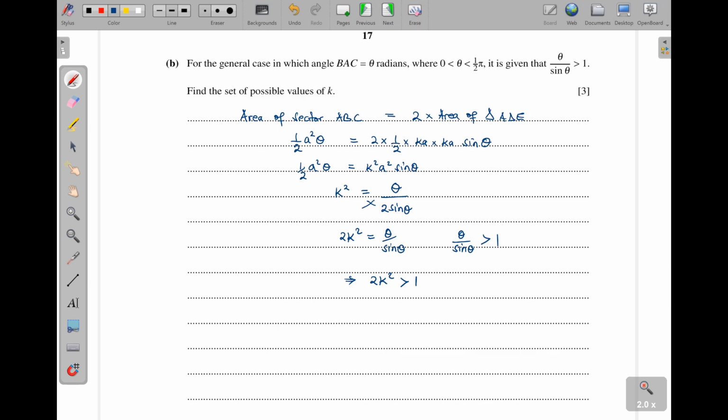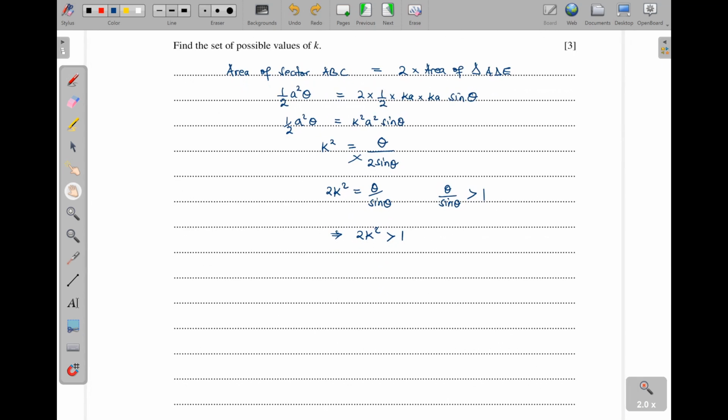Now this is like a quadratic equation, so we are going to solve a quadratic inequality. I can divide all through by 2 and bring the one this side, so it will be k squared minus 1 over 2 greater than 0, right?